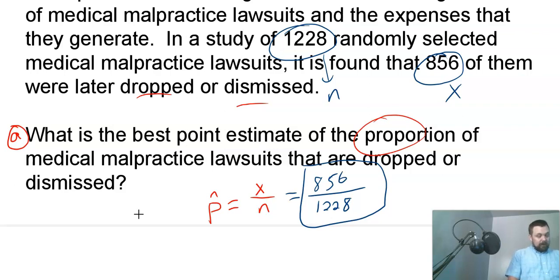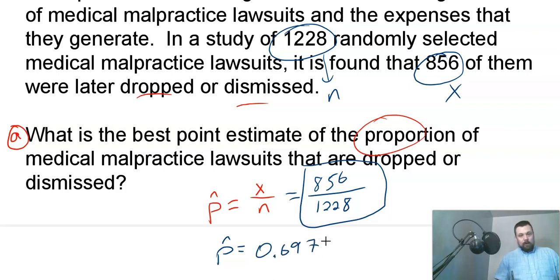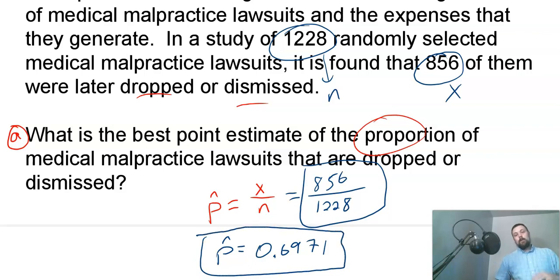856 divided by 1228. And we get that the sample proportion as a decimal is 0.6971. I'm just going to go 4 decimal places, but I'm not sure what you might be asked to do on the homework. But about 70%, if we rounded that. About 70% of our sample were lawsuits that were dropped or dismissed.